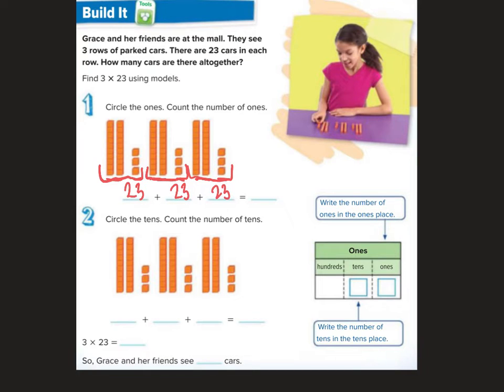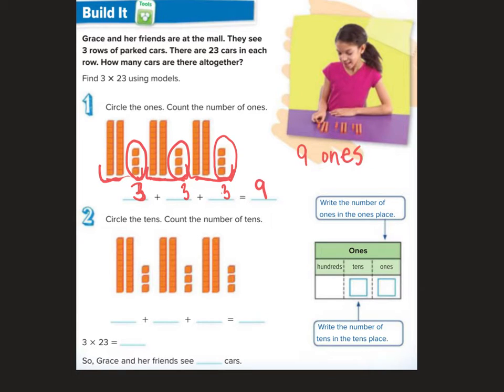It says if we circle the ones and count the number of ones we have, I've got 3 groups of 3, so that would be 9 ones. We're supposed to write 3 plus 3 plus 3 is 9.